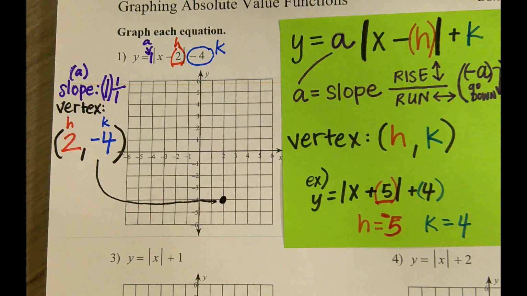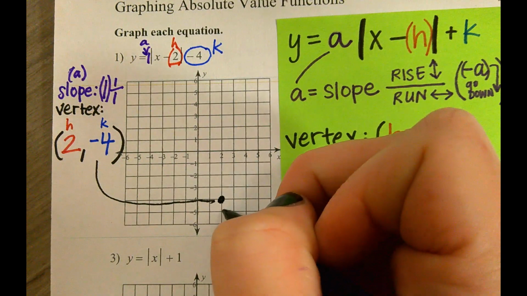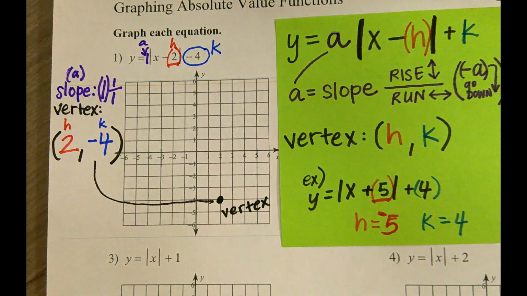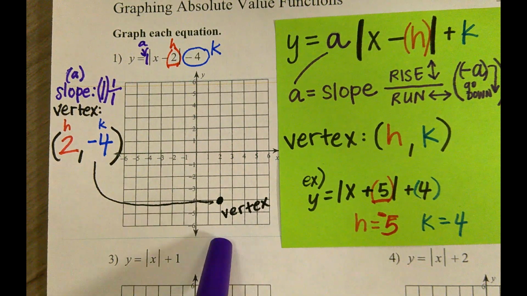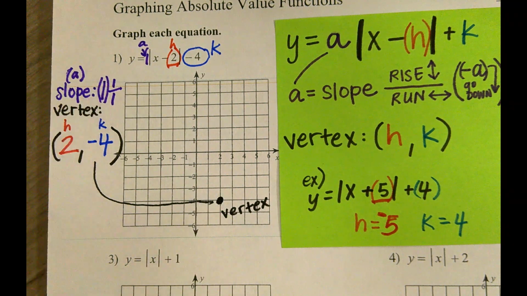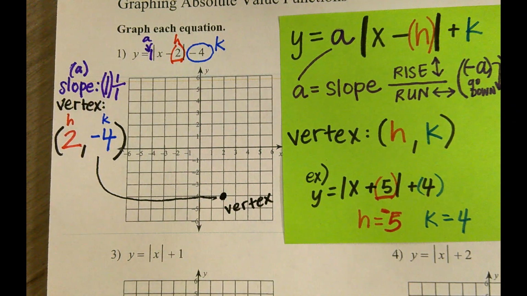Once you have your vertex, and I'll just write again, this is the vertex. This is our starting point. This is where we start. Our slope tells us where we go from here.